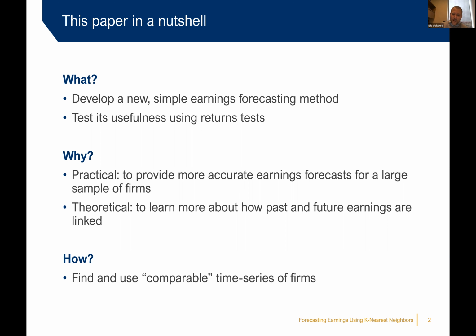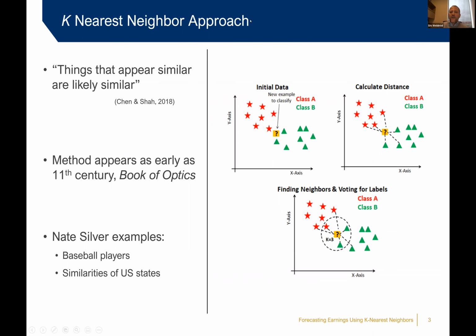So I think we've got a lot to say both about how you can forecast earnings using matching and what that tells you about the earnings process, as well as how to apply this in your study or in other settings where you might need to forecast something.